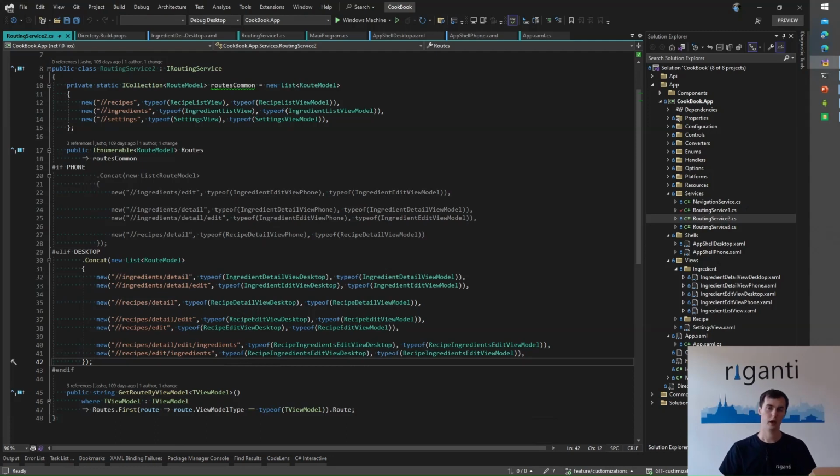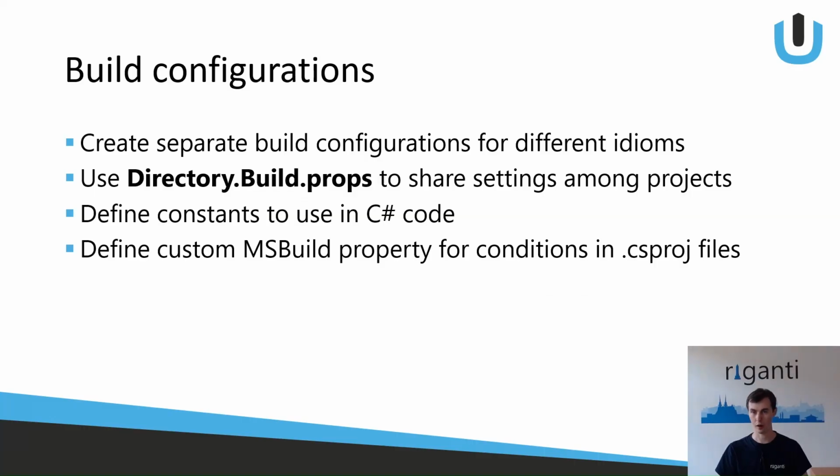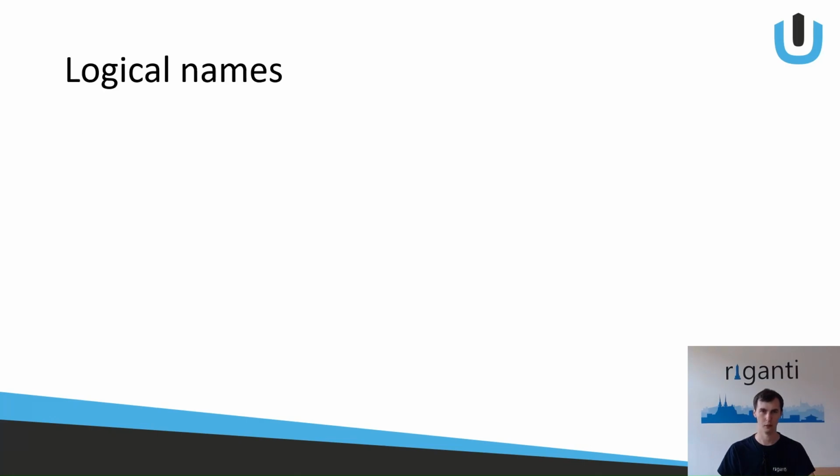What's more, we can create conditions in the CS project files themselves. Let's take a look at one more thing and we will take a look inside of the CS project file. Another thing that is connected to this is the usage of logical names.